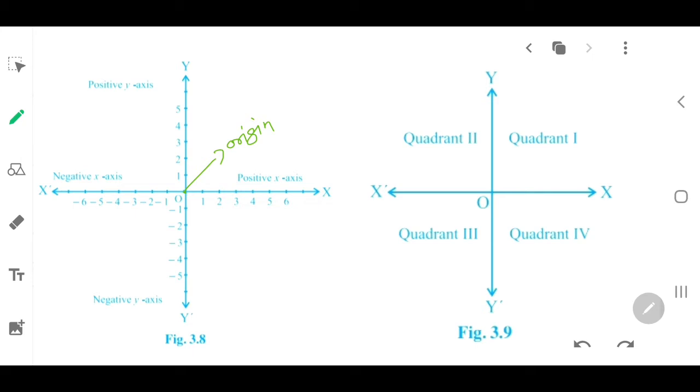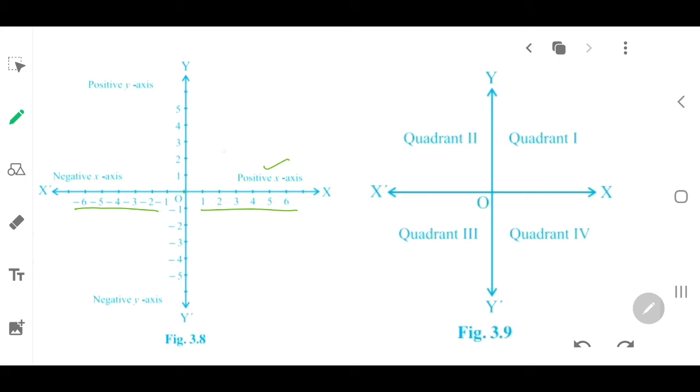The x-axis is represented as horizontal, the y-axis is represented as vertical. On the right hand side of the x-axis you will find all the positive values, whereas on the left hand side of the x-axis you will find all the negative values, that we have already discussed.